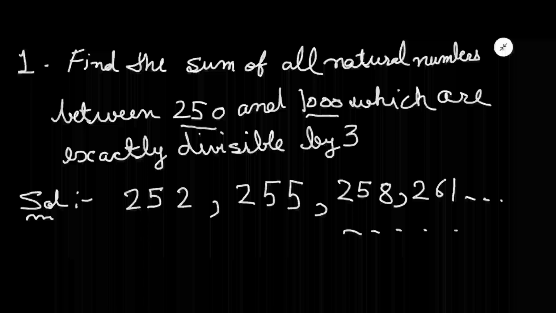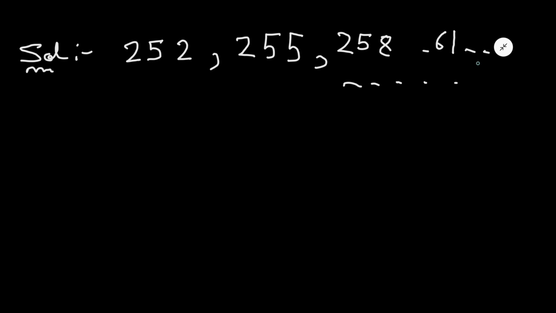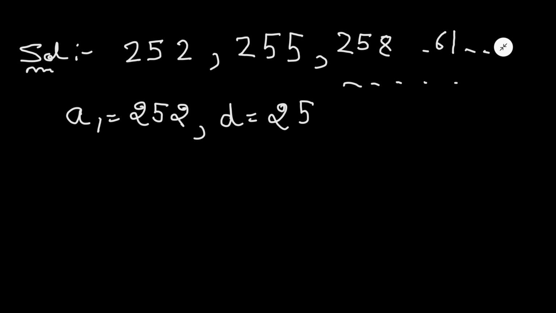And if you see, our common difference is 3 because a2 minus a1 is 255 minus 252, which is 3. So our first term is 252 and the common difference is 255 minus 252, which is 3.